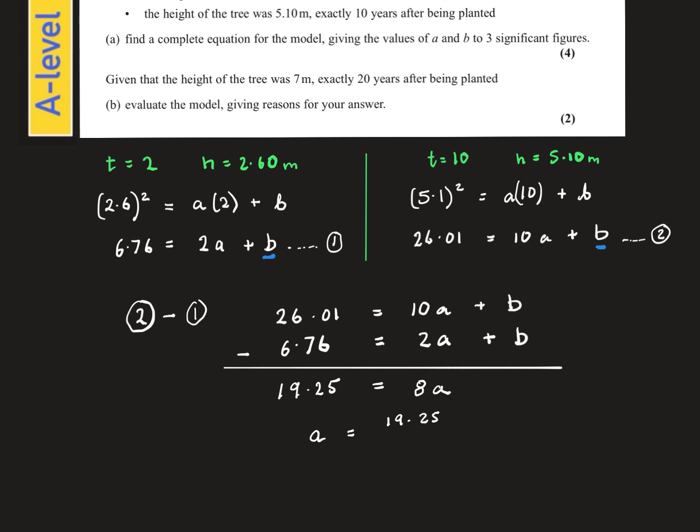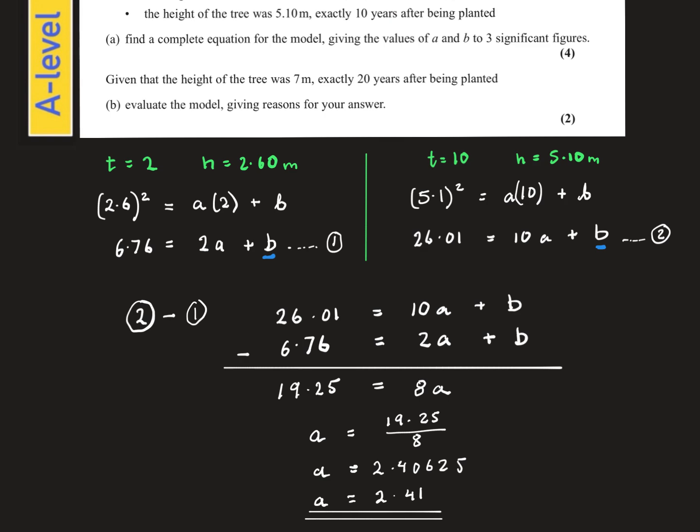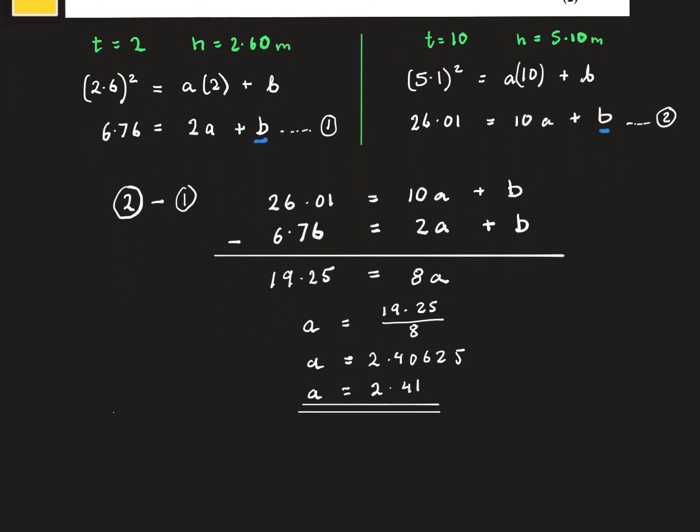19.25 divided by 8, which is going to come out to be, we're told to put it to 3 significant figures, so that will have to be 2.41. Now I'll substitute a into the very first equation.